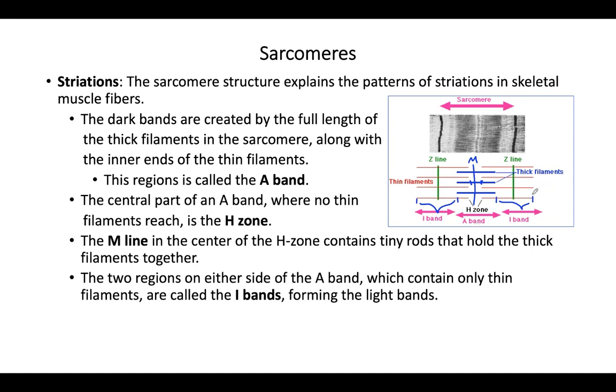Therefore, when muscle contracts, how these bands change pattern, you need to know about that. I just introduced the structure of sarcomere. So you must clearly know where is A band, where is I band, where is H zone, where is M line, and where is sarcomere.